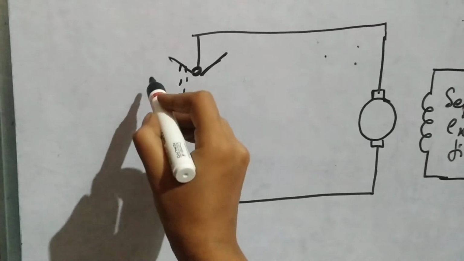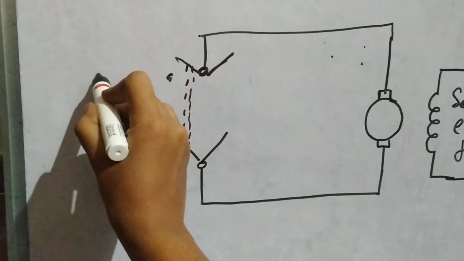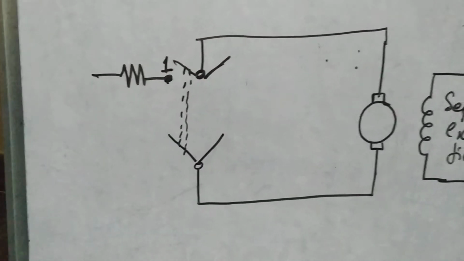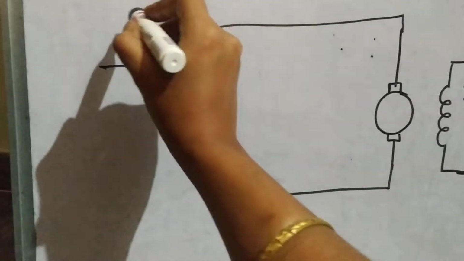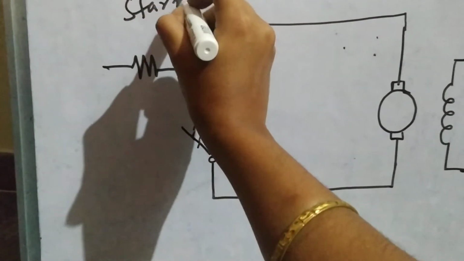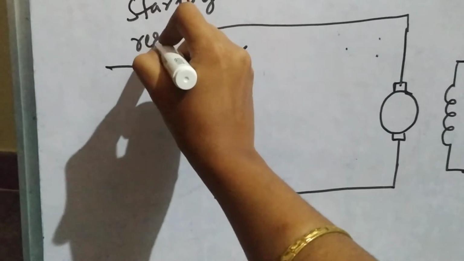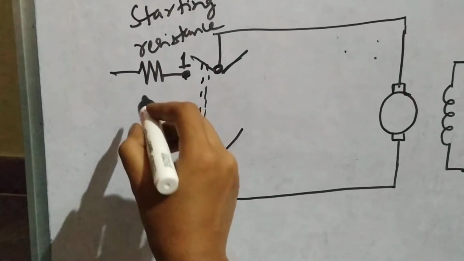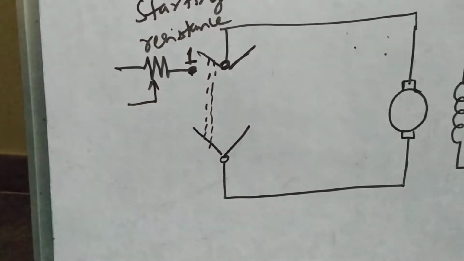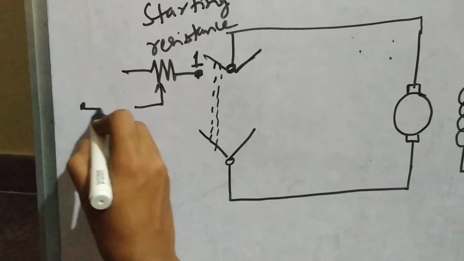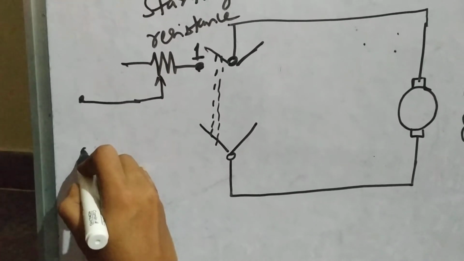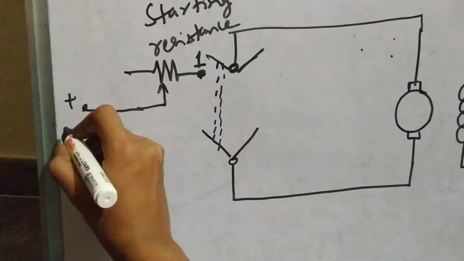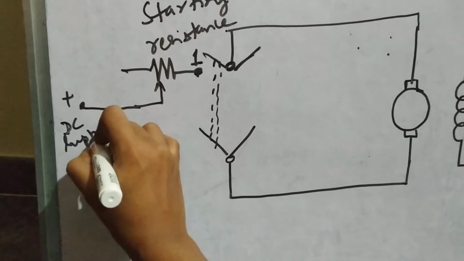Initially it will be in one position, and that position will be controlled by this starting resistance. This starting resistance can be included by supplying the DC input, the DC supply.